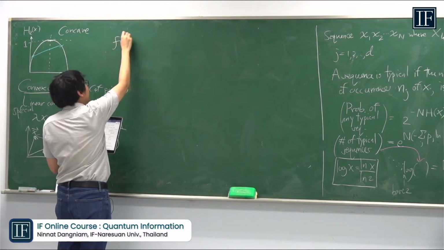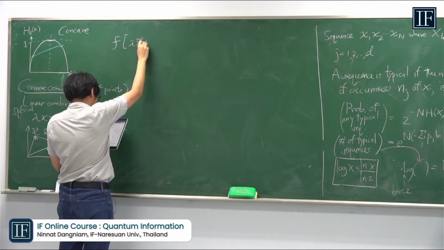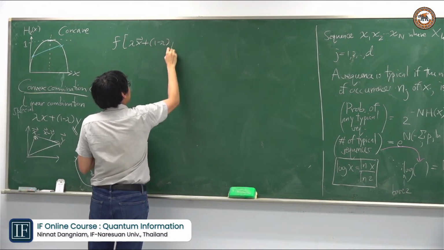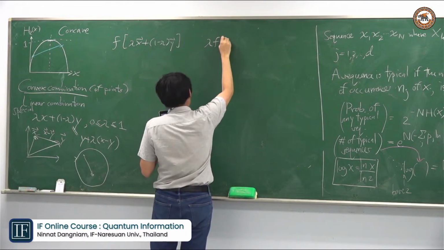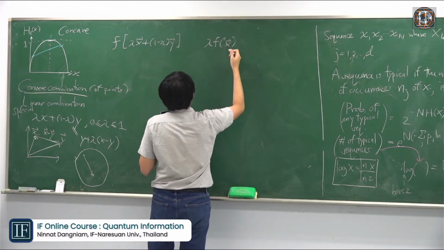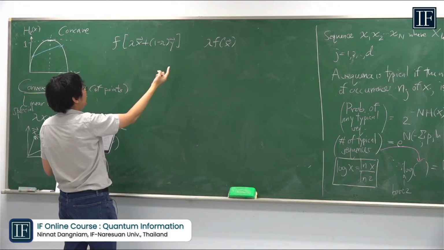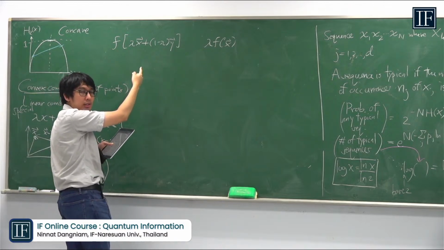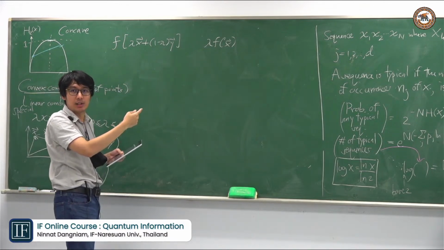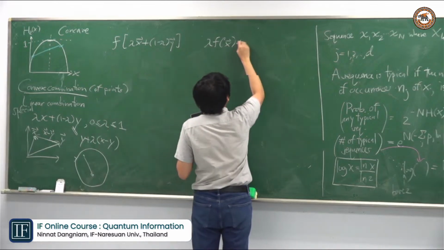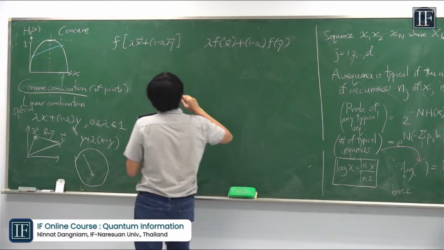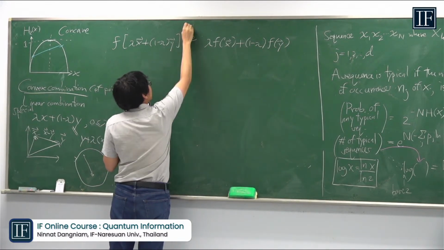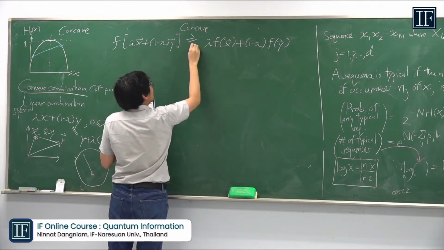So if I have this, we are basically comparing taking a function of a convex combination with taking the convex combination of the values of the function. And it is this direction that says concave. The other is convex.